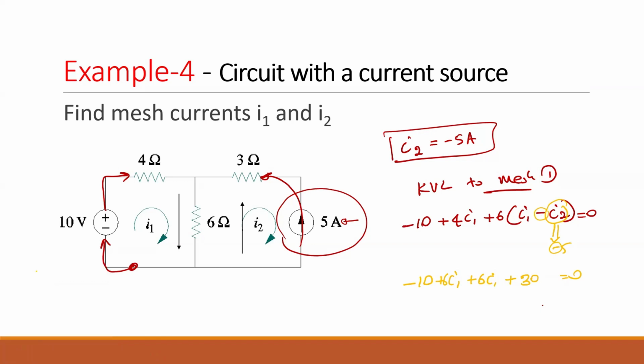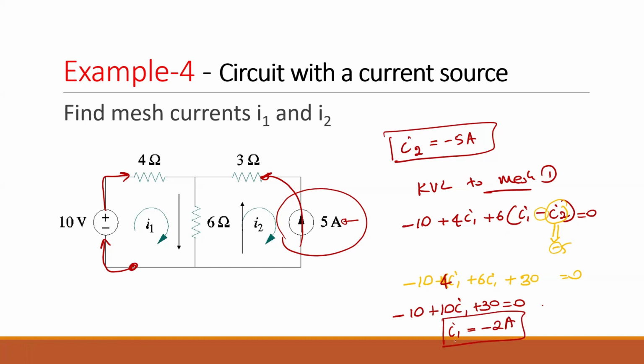Because I2 is already known, 5 times 6 is 30. So that will be minus 10 plus 10I1 plus 30 is equal to 0. So we can say I1 is equal to negative 2 amps.